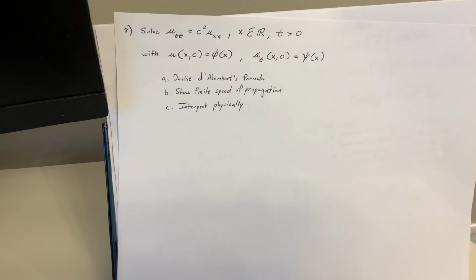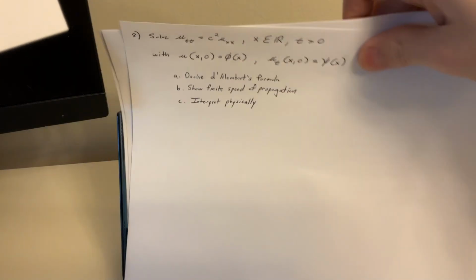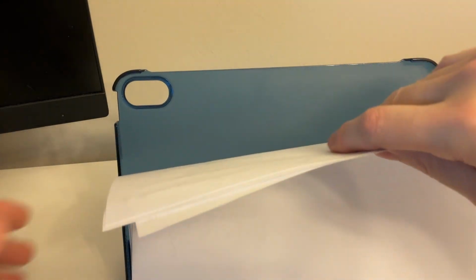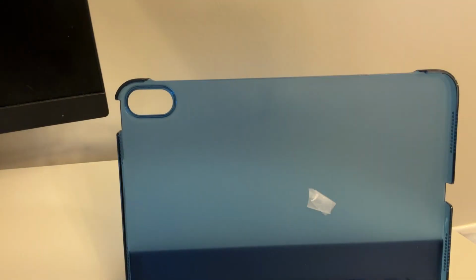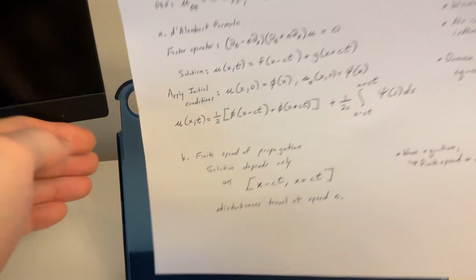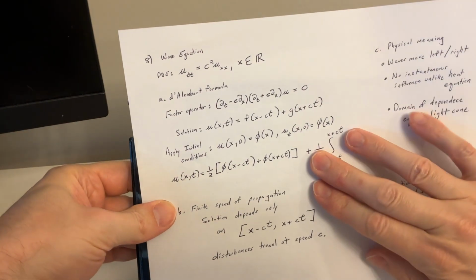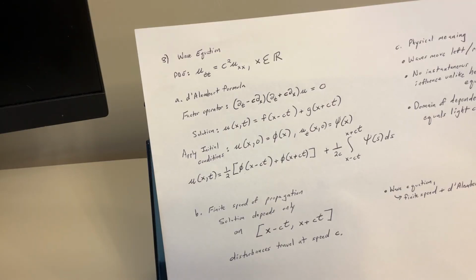And this draws on some prerequisite knowledge of the wave equation, which hopefully looks familiar. So let's build on this. So, wave equation. We have a partial differential equation here. And let's see what we can do.